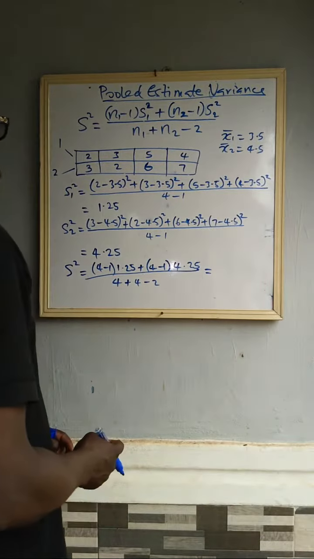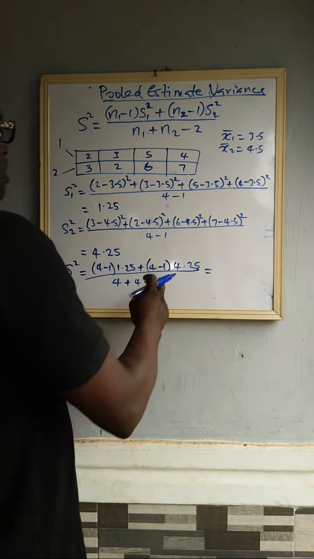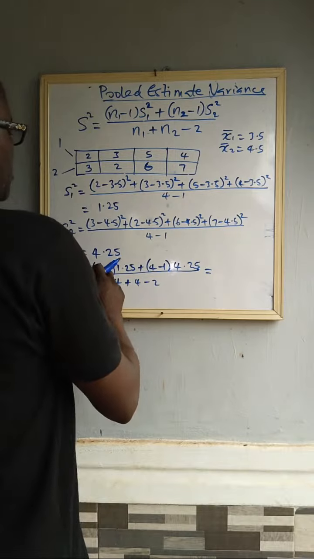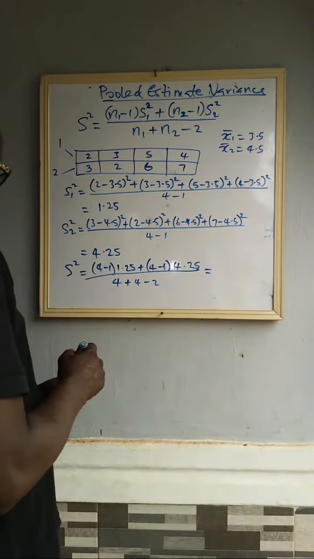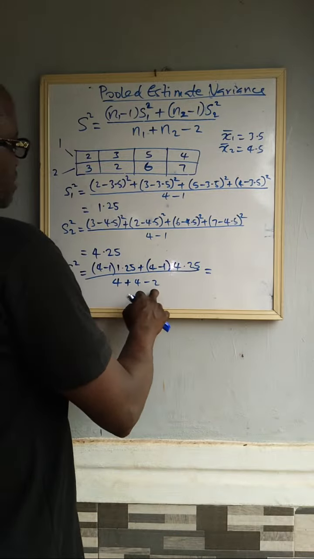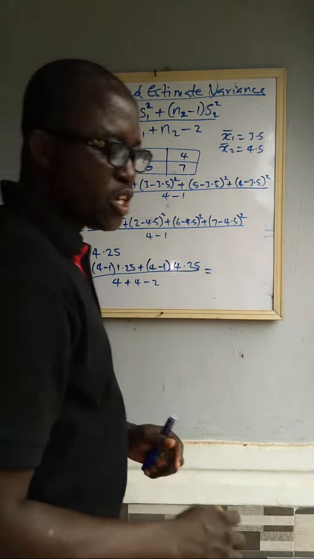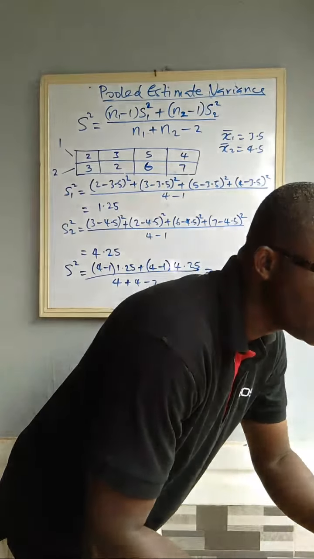So if you do this one, you realize that this is 3 multiplied by 1.25 plus 3 multiplied by 4.25, and you divide everything by 8 minus 2, 6.